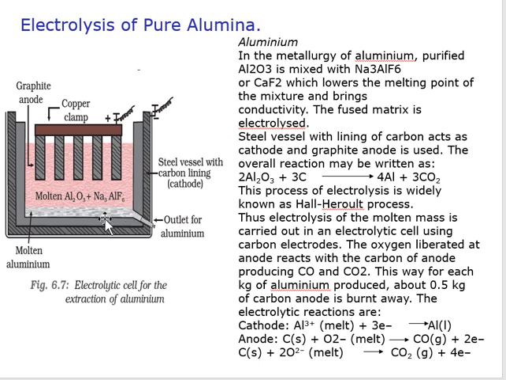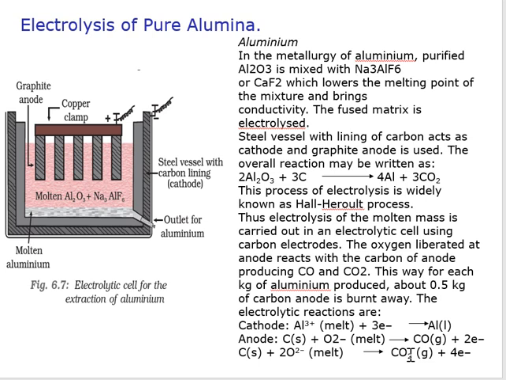And at the anode, the carbon reacts with oxygen and forms carbon monoxide, and carbon dioxide is also formed. So by this method we can obtain pure aluminum.